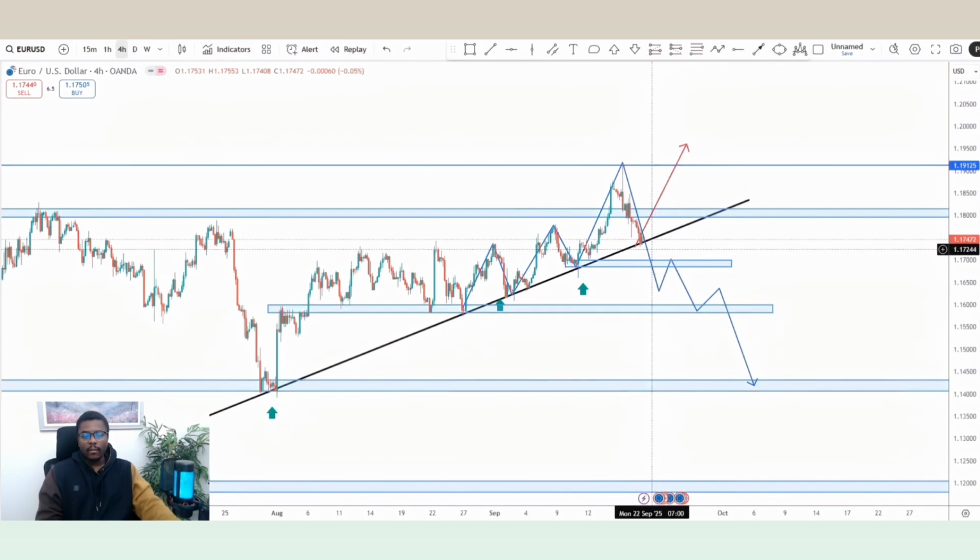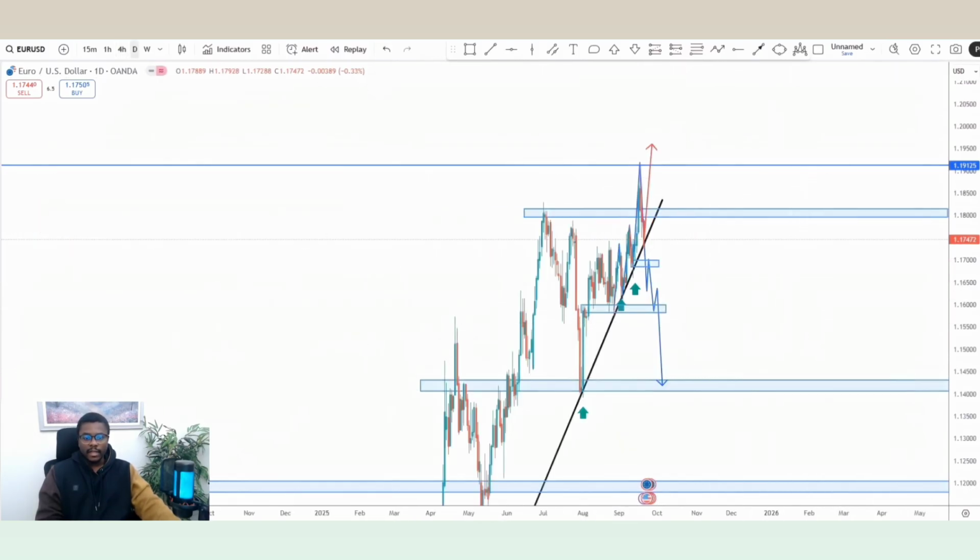But what I'll be looking for is to see whether or not this previous low here gets broken, and if it does get taken out, then most likely price will be a sell and the buyers would switch to a sell.